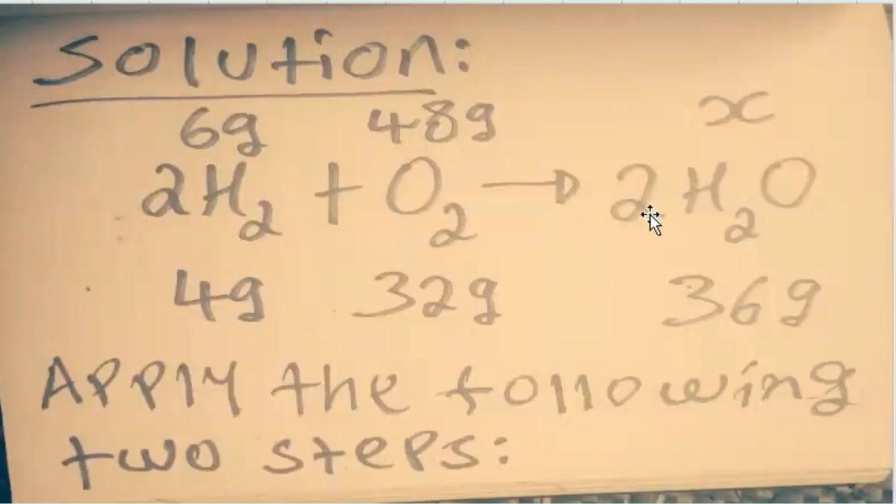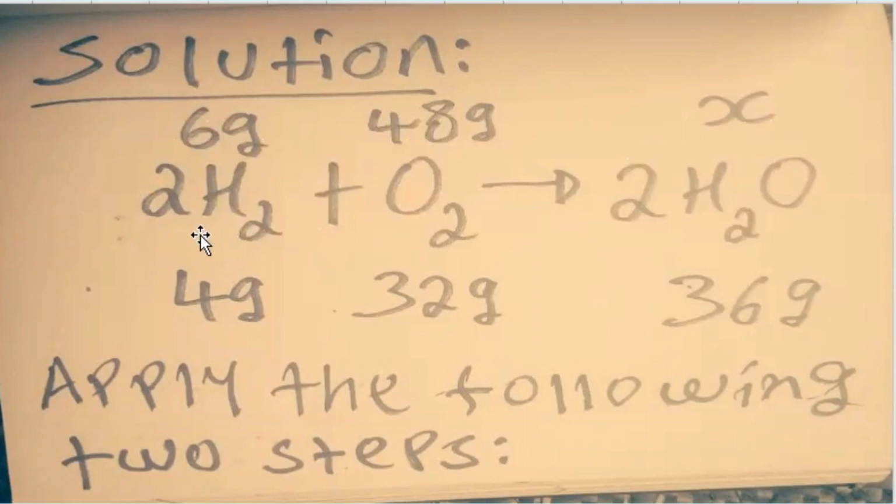Okay, solution. This is the chemical reaction. First, write the balanced chemical equation: 2H2 plus O2 produces 2H2O, and write the given masses of hydrogen and oxygen at the top of the formula, which are 6 gram and 48 gram respectively, and produces X amount of water.